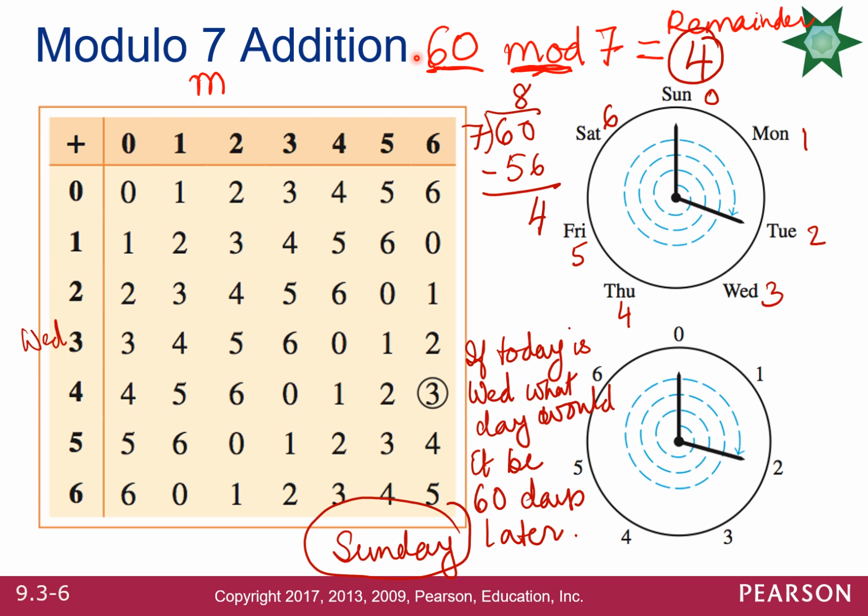You can give the answer very quickly by performing modular arithmetic. 375 mod 7, whatever the remainder is, you count that many days from the day that today is. We will see more examples of this, but I just wanted to give you a flavor of one of the applications of modular arithmetic.